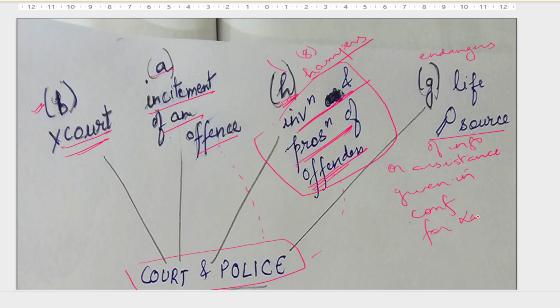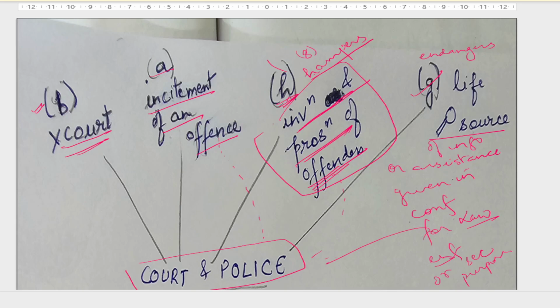This information cannot be disclosed under subsection G of Section 8 of the RTI Act. As we can see, law enforcement is related to police. So in this way we can remember it using the chunking method.